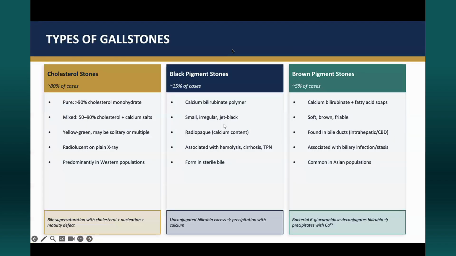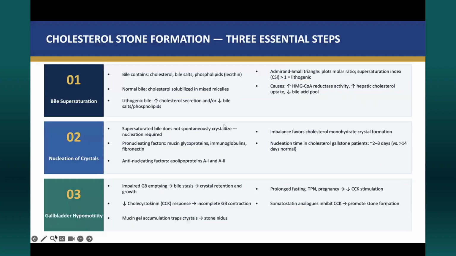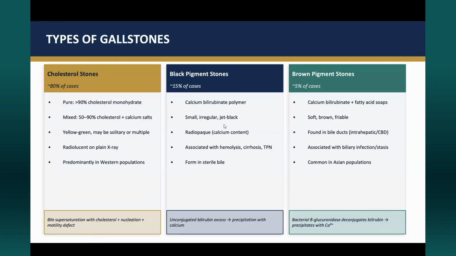Okay, so there are different types of gallstones, and I think that's very evident because not all gallstones are the same. There are cholesterol stones. 80% of them are due to cholesterol monohydrate. 50 to 90% have a combination with calcium. Because it's cholesterol, the color is yellow, sometimes green because of calcium.